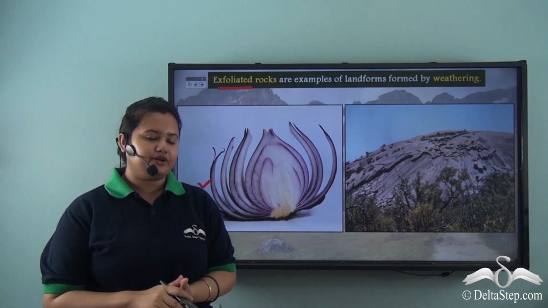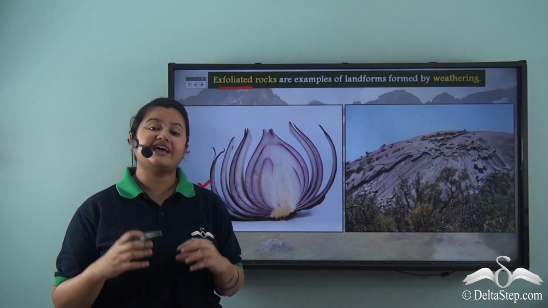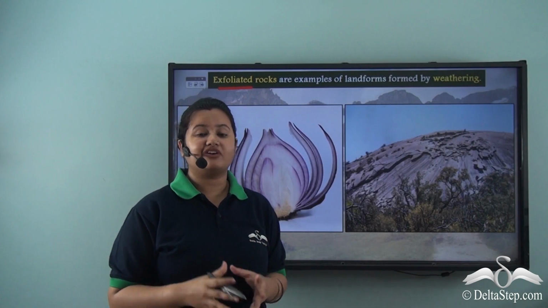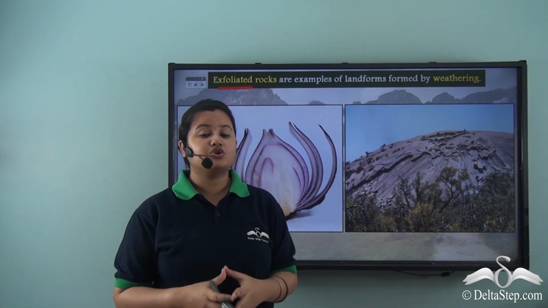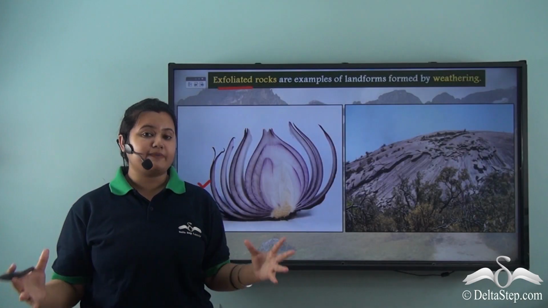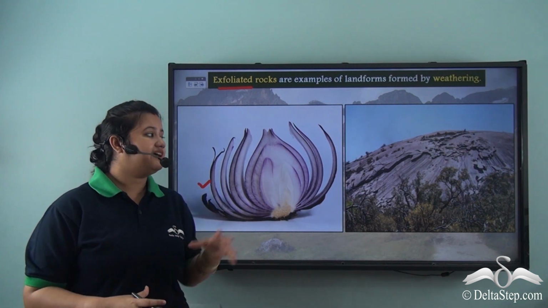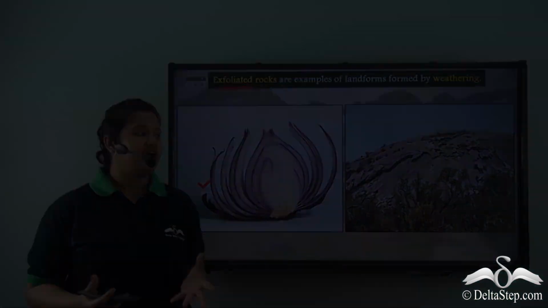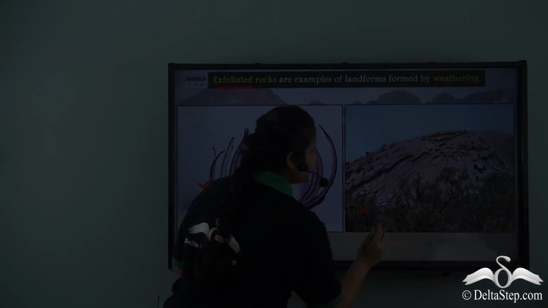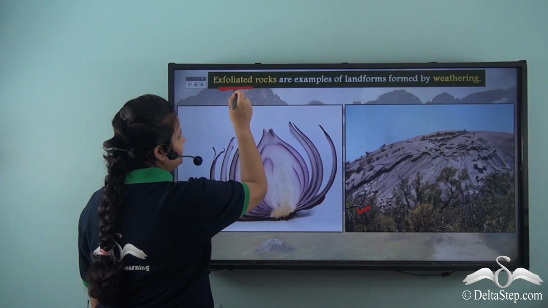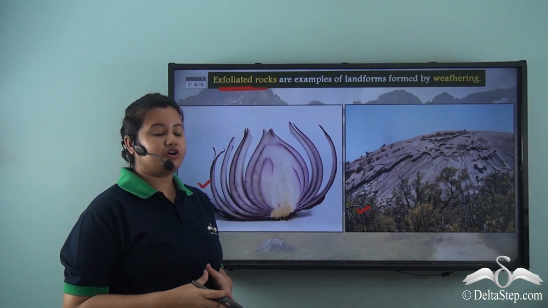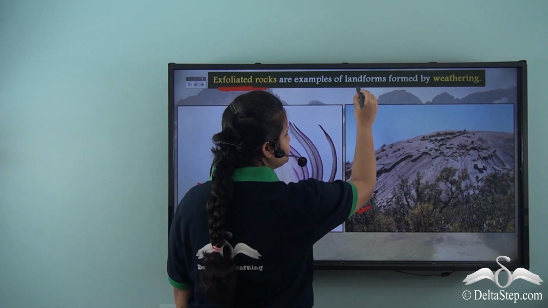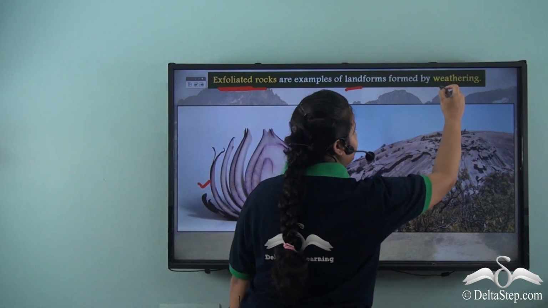Due to high temperature, the surface of the rocks expands while they contract when the temperature drops. So due to this repeated expansion and contraction, the surface of the rocks becomes loose and they scale off. And this is how they look. So this is the picture of exfoliated rocks, and exfoliated rocks are examples of landforms formed by weathering.